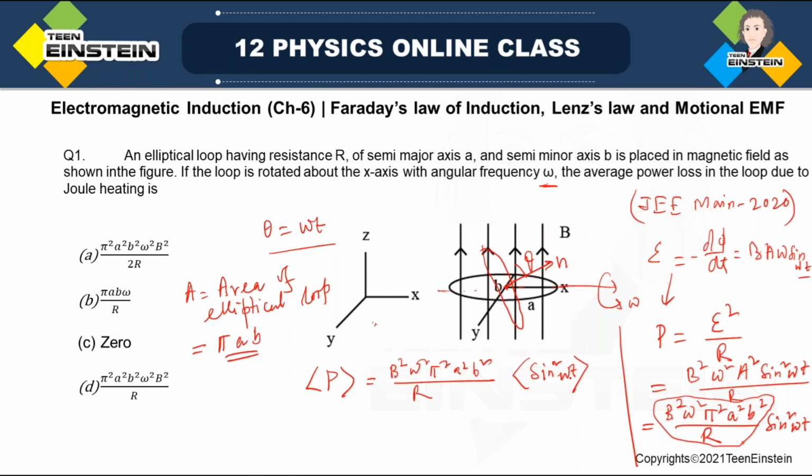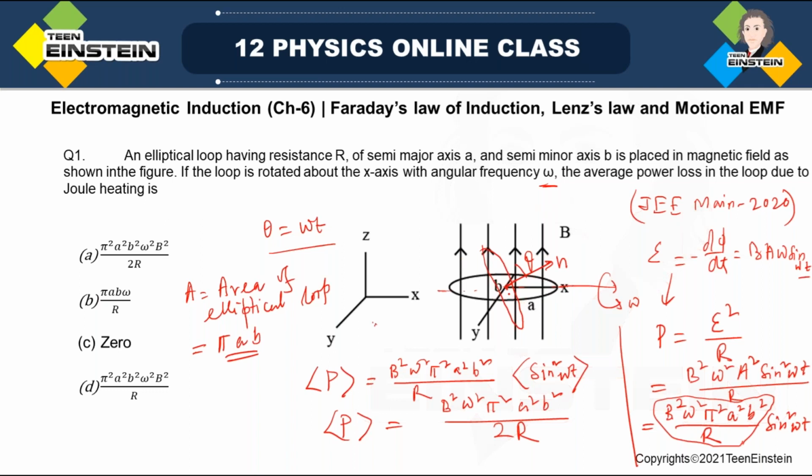Always keep in mind that when we take the average of sine square theta or cos square theta, it gives you half. So directly writing it, B square omega square pi square a square b square by 2R. This is the average power loss in the loop.